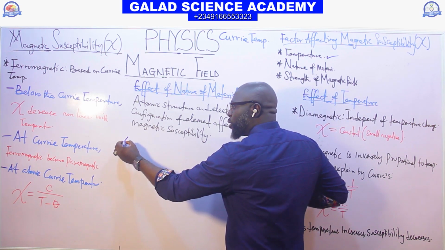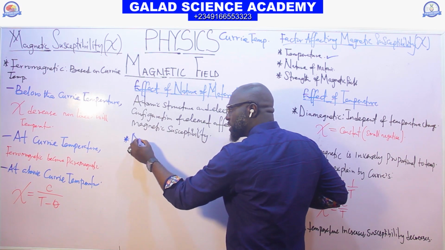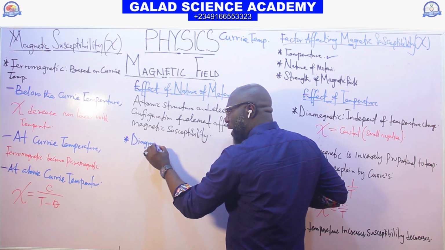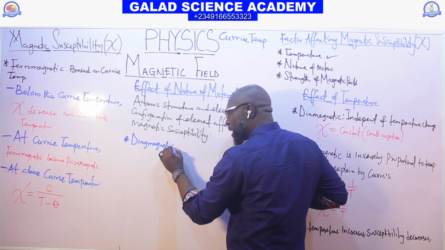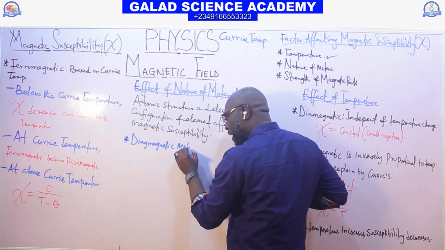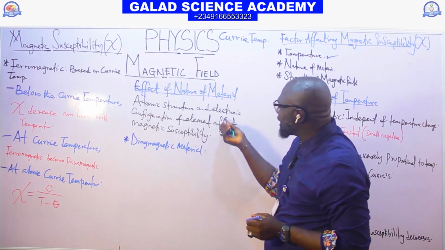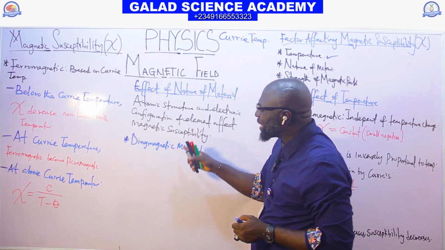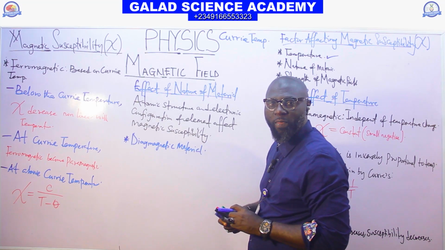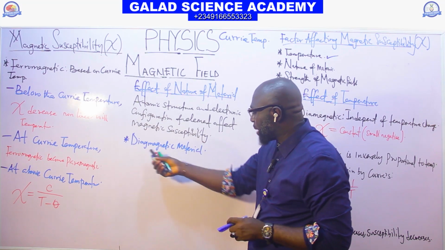So we have diamagnetic material. The structure and electronic configuration of an element affect the magnetic susceptibility. So what is a diamagnetic material?